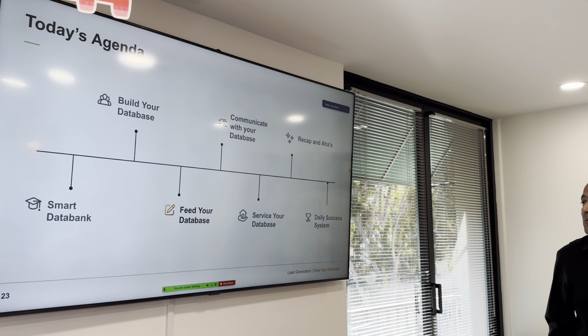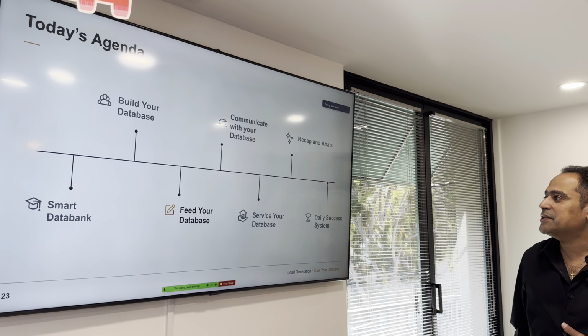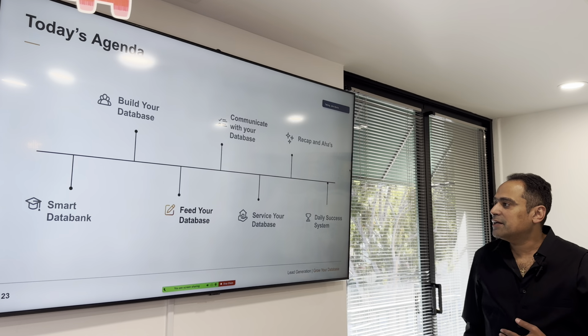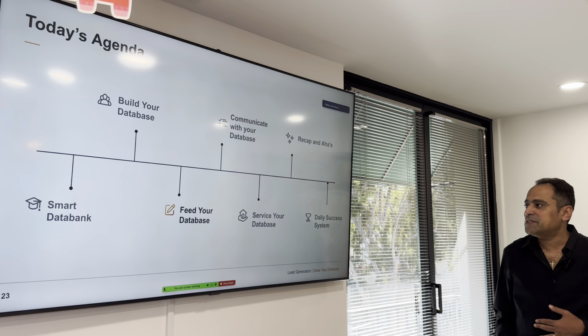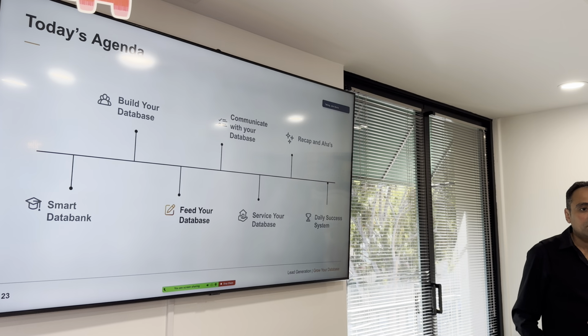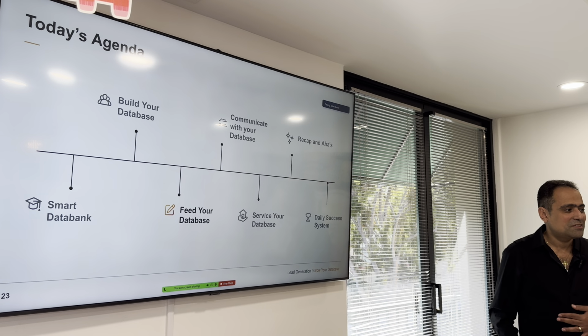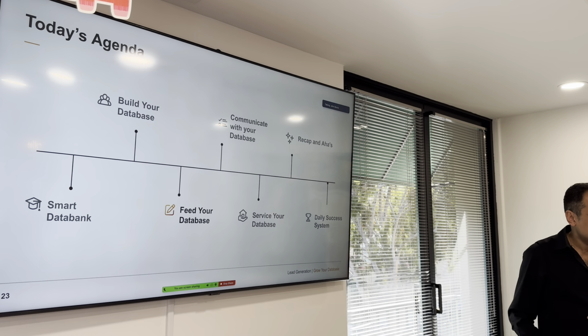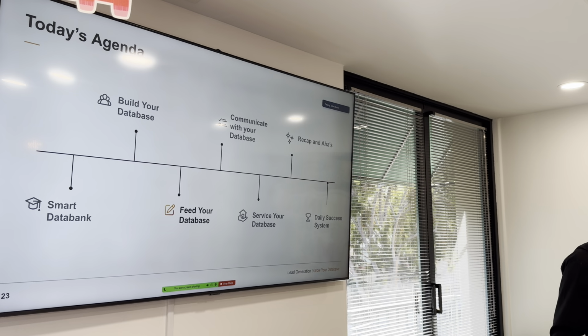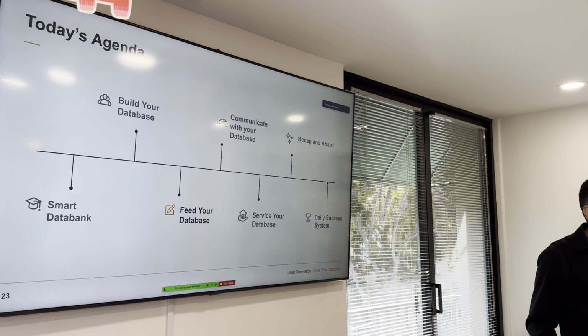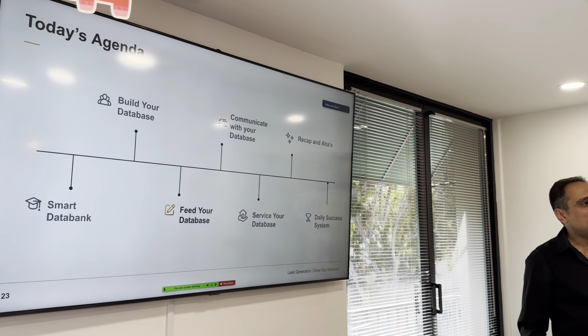So the next law is feed your database. What do you think feed your database means? Just open up your Command, go over your tasks, or if not, enter more. To be specific, feed means enter more leads inside.